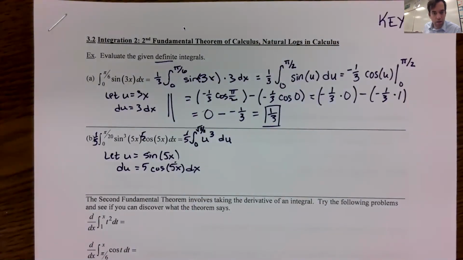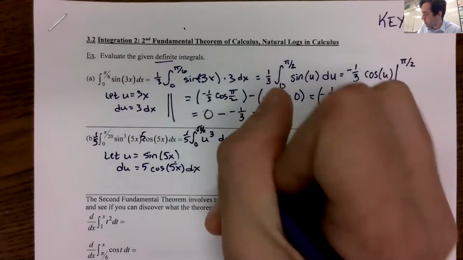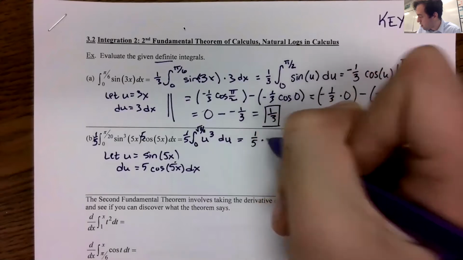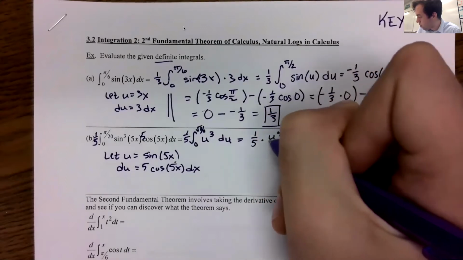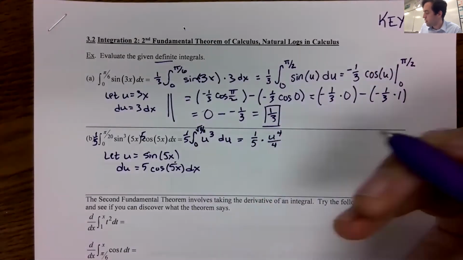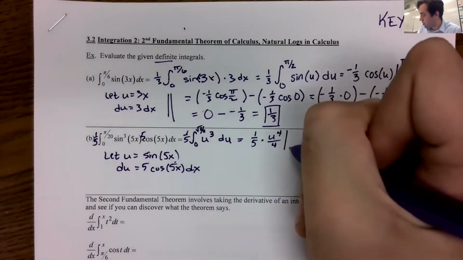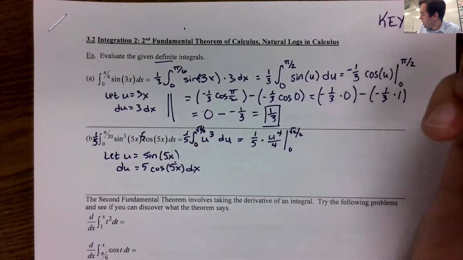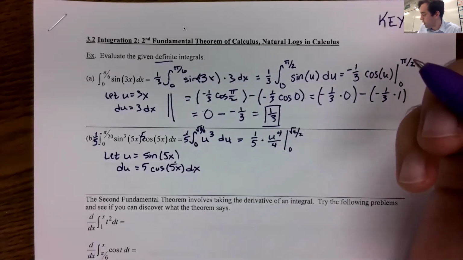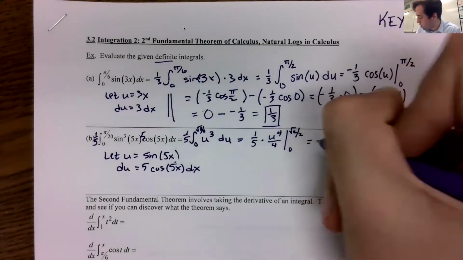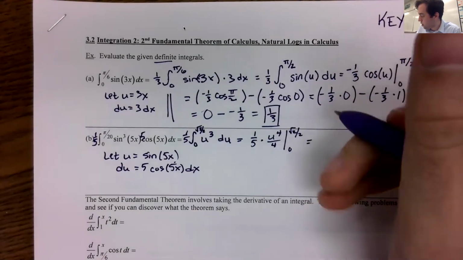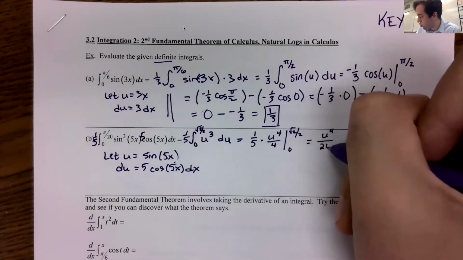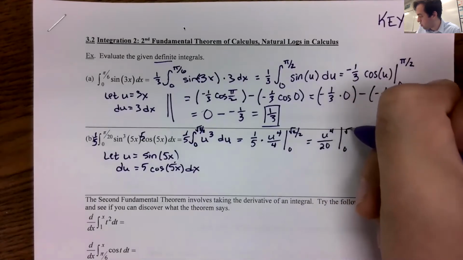Okay, so we are ready to integrate. So we have 1/5 times u to the 4th over 4. And that's going to be evaluated from 0 to root 2 over 2. And so we can plug in for u. I could also, before I do that, combine this to make it u to the 4th over 20 from 0 to root 2 over 2.